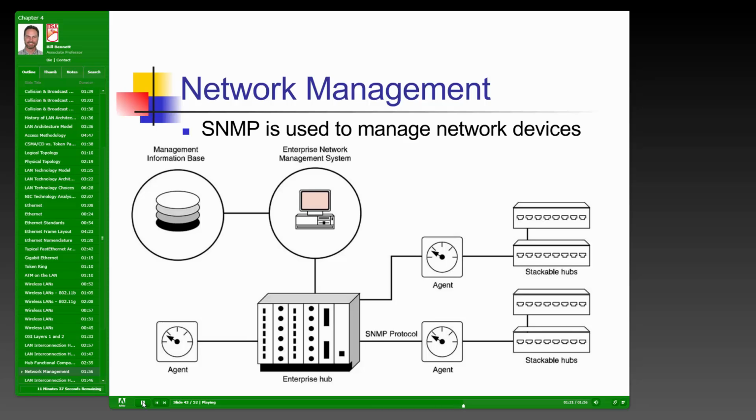So the management system is collecting all this information sent to it by the agents of these various components. And so that's how we can track how many frames per second are traveling through a particular device, and how many errors might be occurring with those frames as they travel through the device. So all kinds of data can be collected about these devices, and then it's stored in a database. And you can see in the top left there, it's called a MIB, a Management Information Base, when we're talking about SNMP management systems. And so again, we've got a whole chapter on that coming up later on in the course.